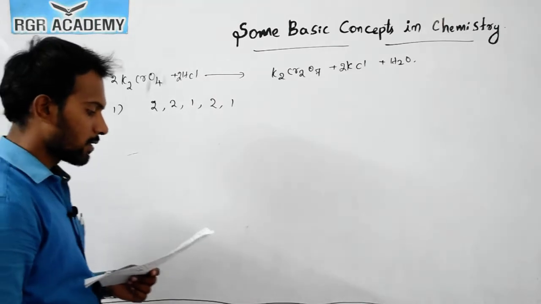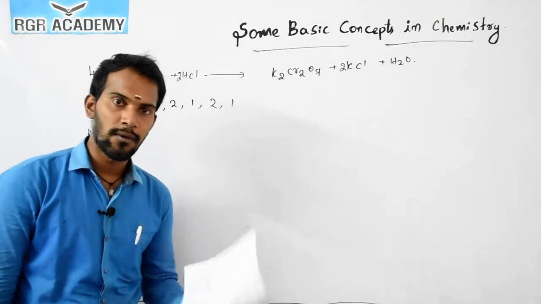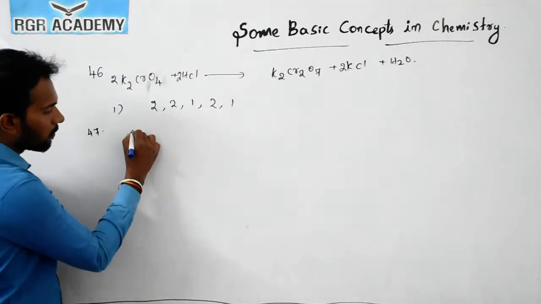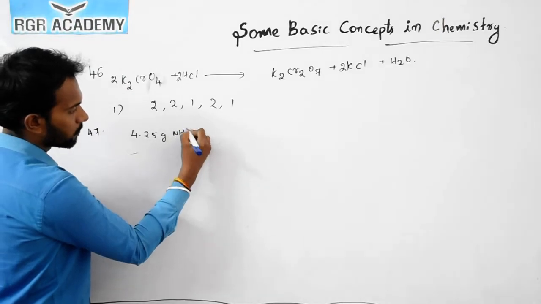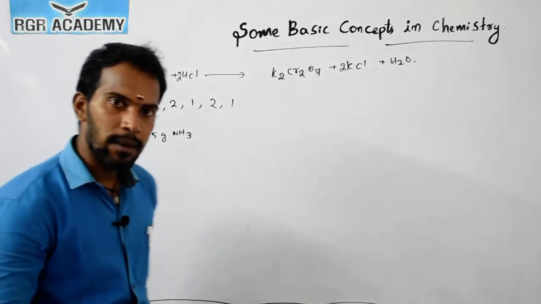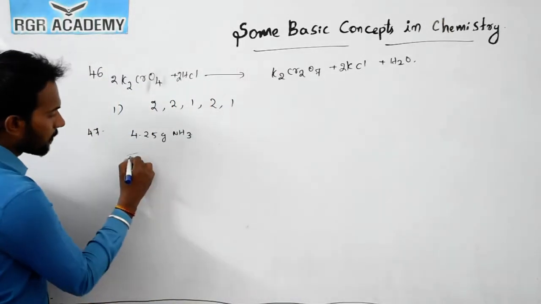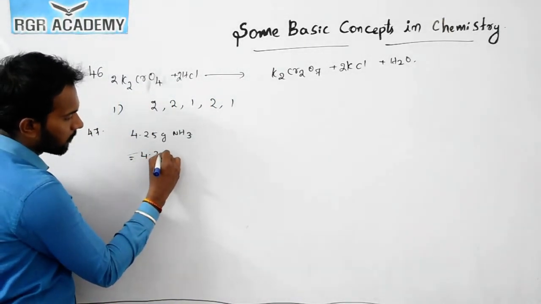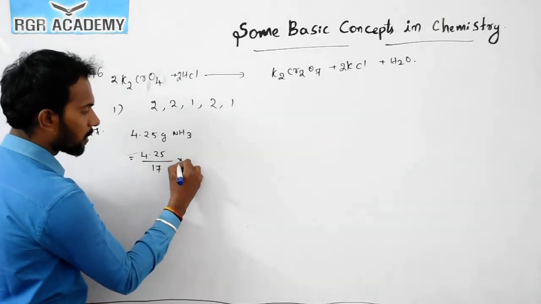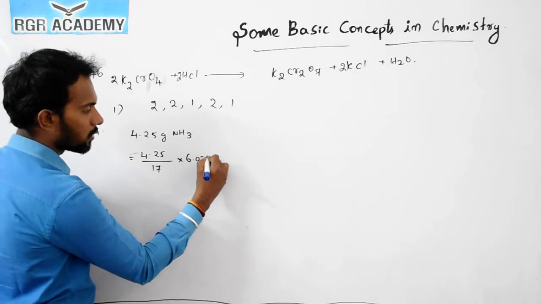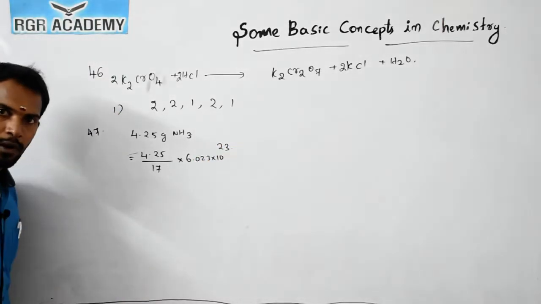Now the question number 47. Okay. So how many molecules are there in 4.25 gram of ammonia? So we can say given weight by molecular weight into Avogadro number. So given weight is 4.25, molecular weight is 17, Avogadro number is 6.023 into 10 power 23, the number of molecules, right?